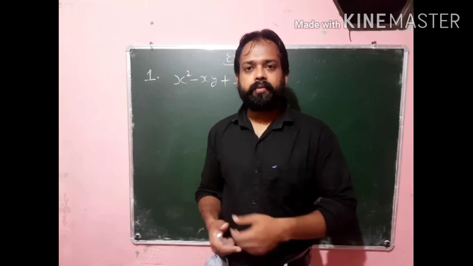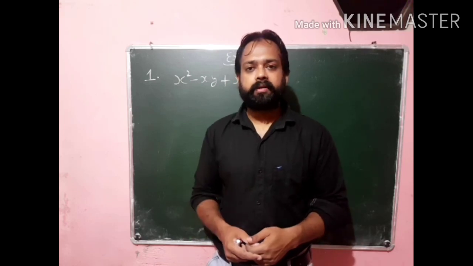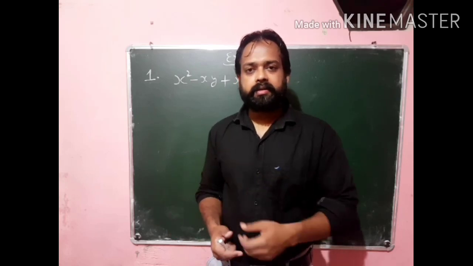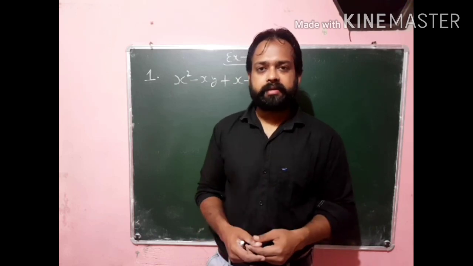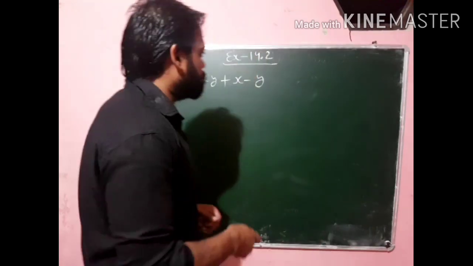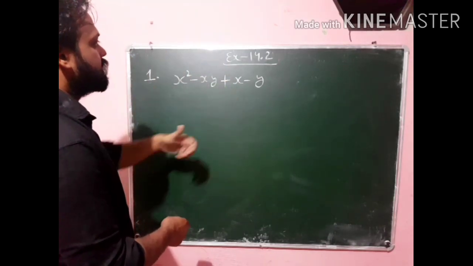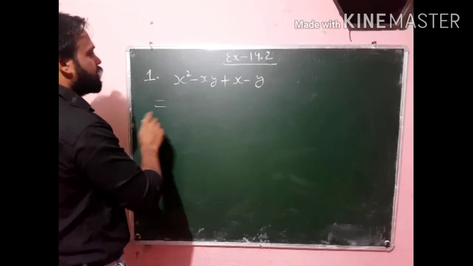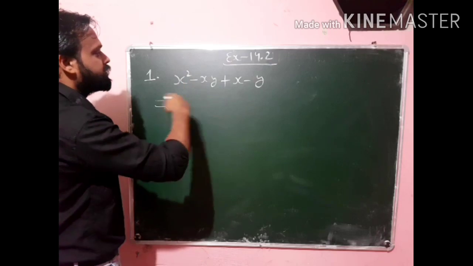In this case we cannot apply this method. Why? Let us see what will happen if we apply the same method here. First of all, according to the method from exercise 14.1, we have to make the factors of each term.